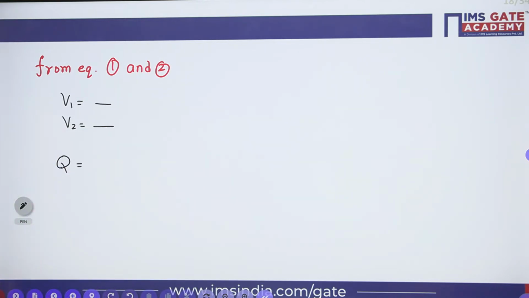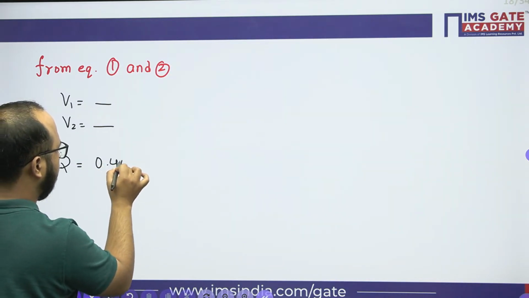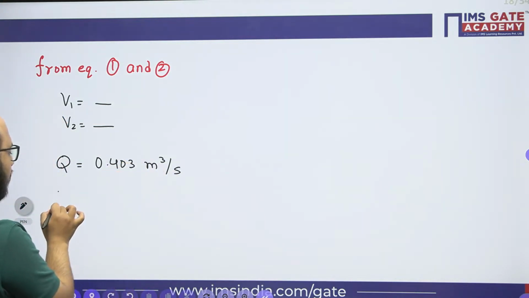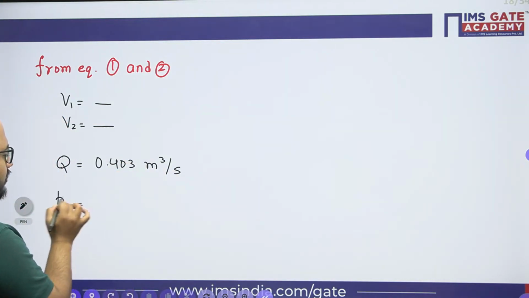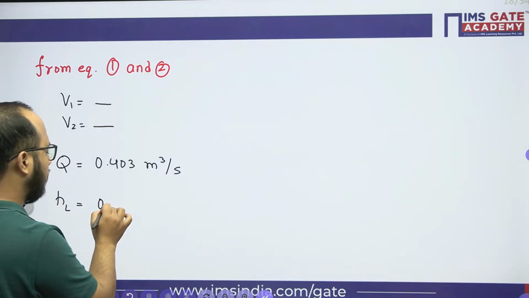So the final answer for the discharge is coming out to be 0.403 meter cube per second, and the loss because of the sudden contraction is coming out to be 0.48 meter.